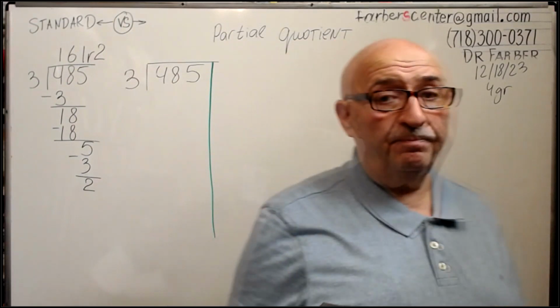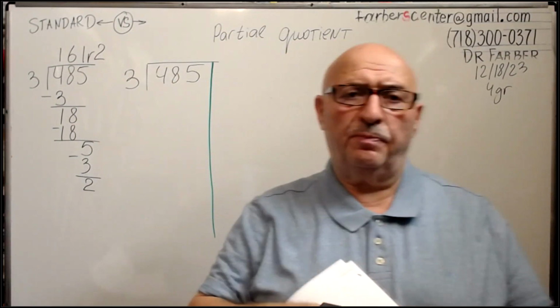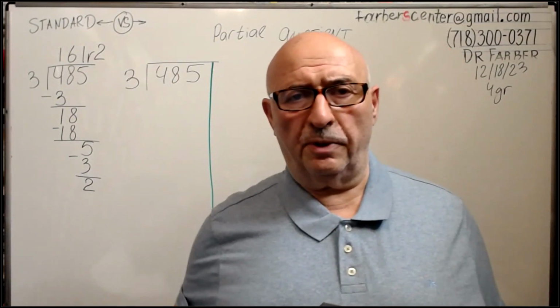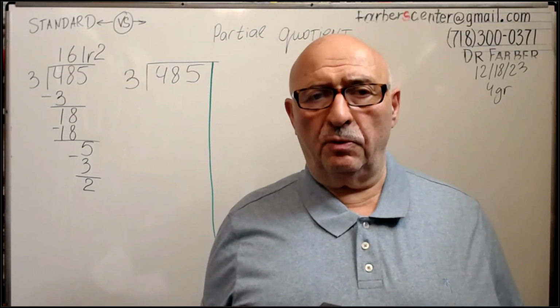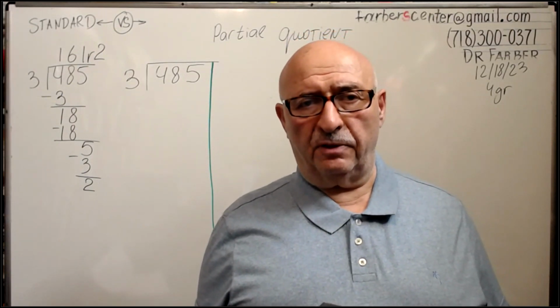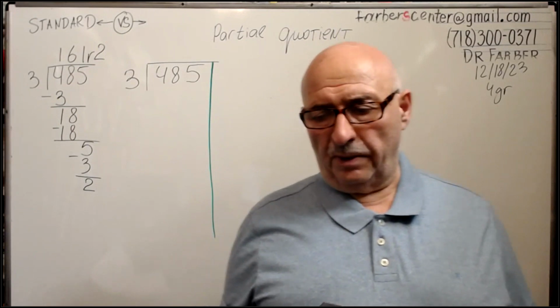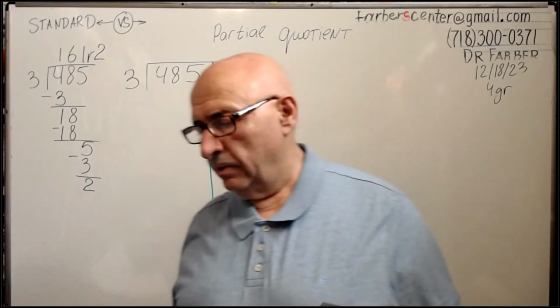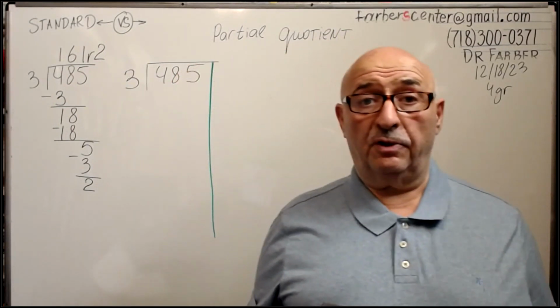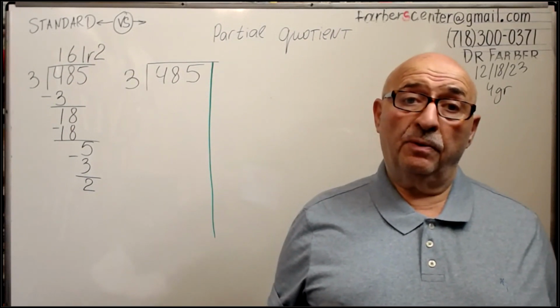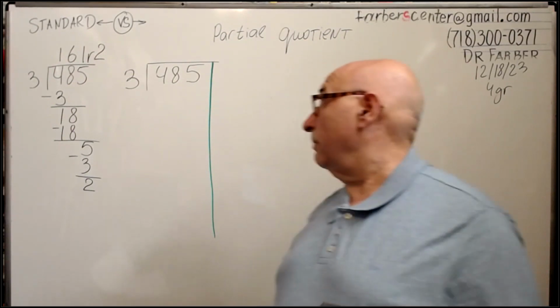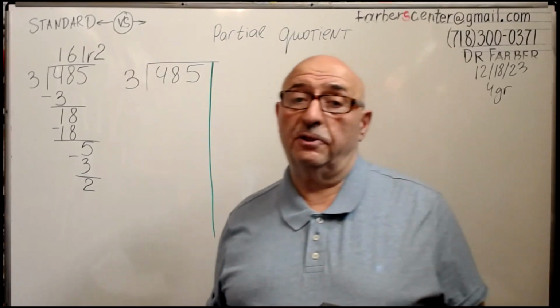In reality, nobody uses partial quotient too much. Everybody in the future uses this standard division. But people invented this, and it also has some advantages. It's longer, but you are not supposed to know too much.